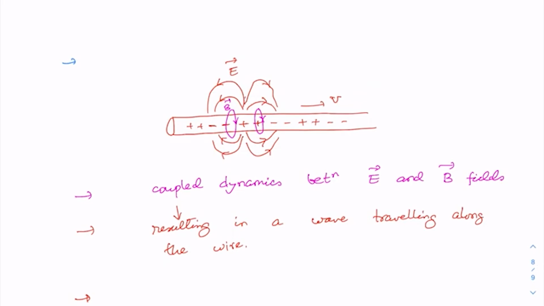The far field would be there, and it may affect the other metal pieces in the chip, resulting in dissipation of energy, which is completely avoidable, and we don't want that to happen. And this is one reason.